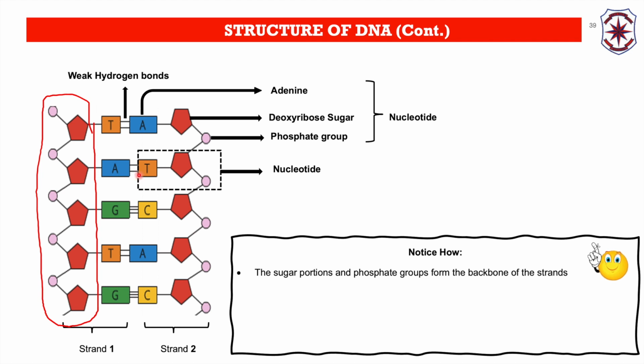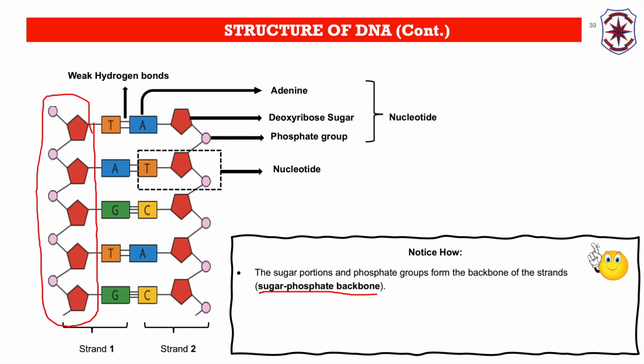Let's check what we have. This is a phosphate group, sugar portion. Phosphate group, sugar portion. Therefore, we say that the backbone of each strand forms a sugar phosphate backbone.